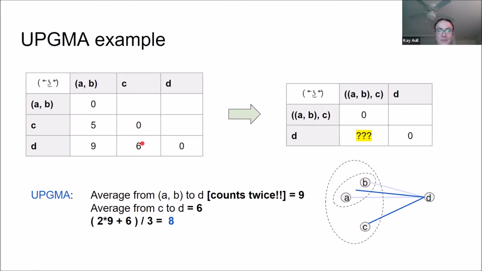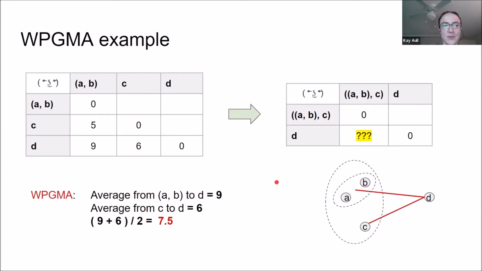And there's only 1 of them. So what is the average distance of these 3 individuals? That's 2 times 9 plus 1 times 6, and then 3 individuals, 24/3, that's 8. We are going to be working more examples.